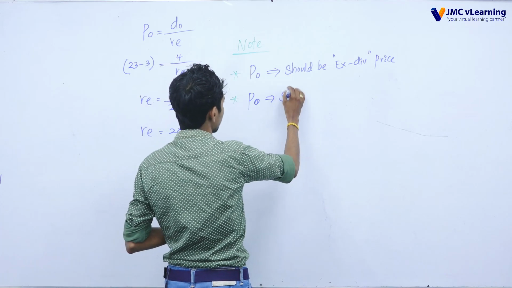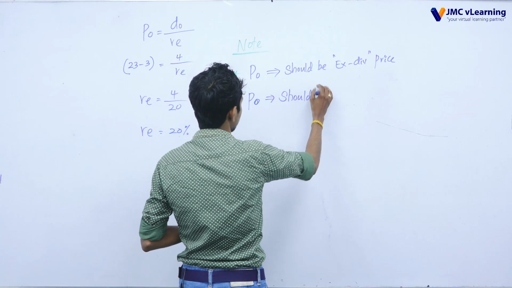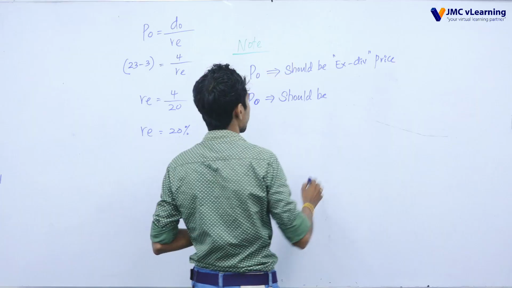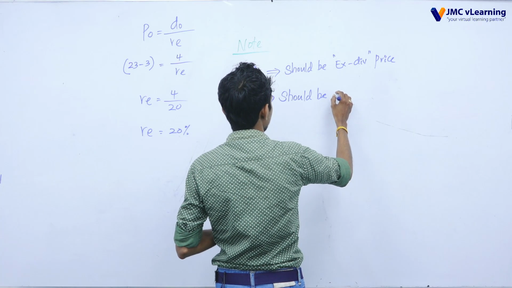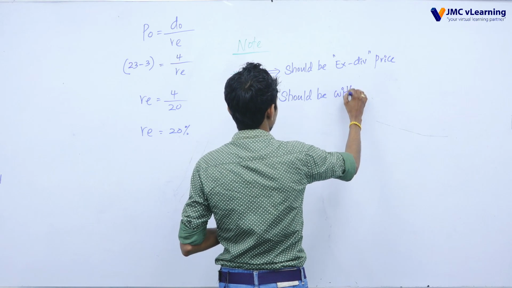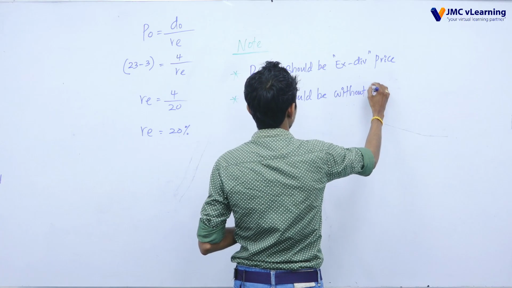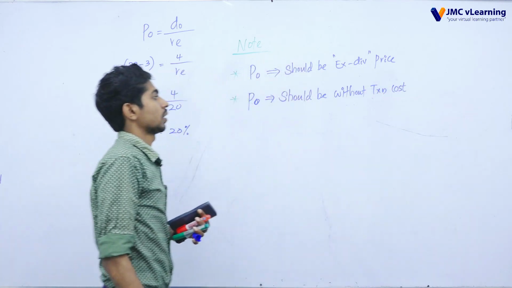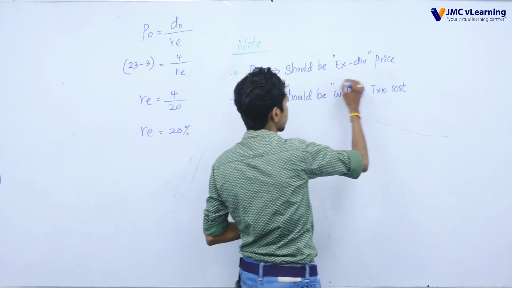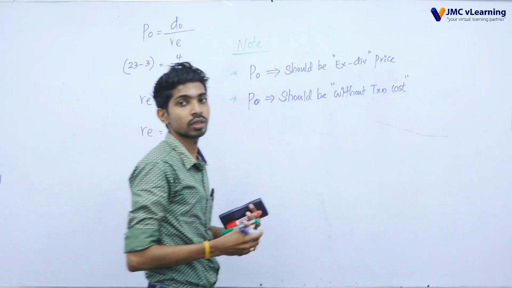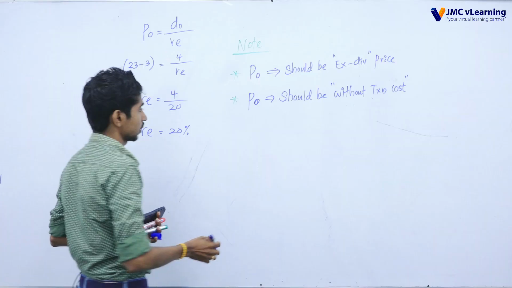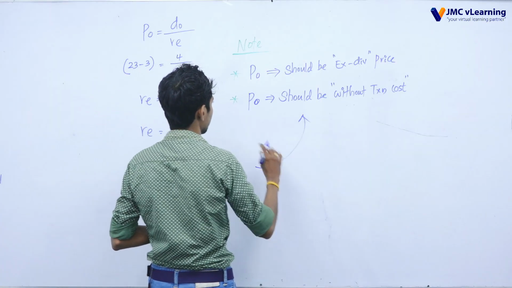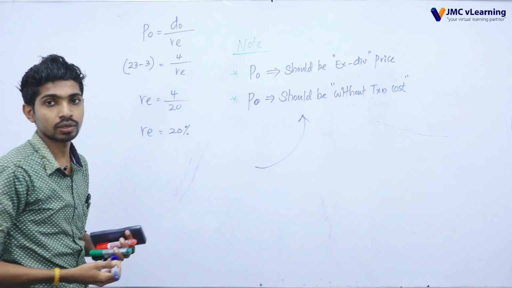Second, P0 should be without transaction cost. Those are the 2 points we have to memorize. Okay, look at it and do the calculation.